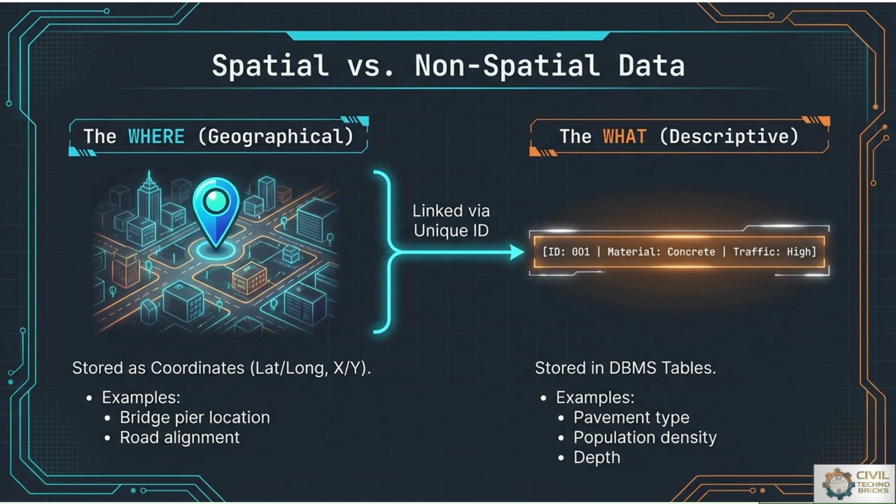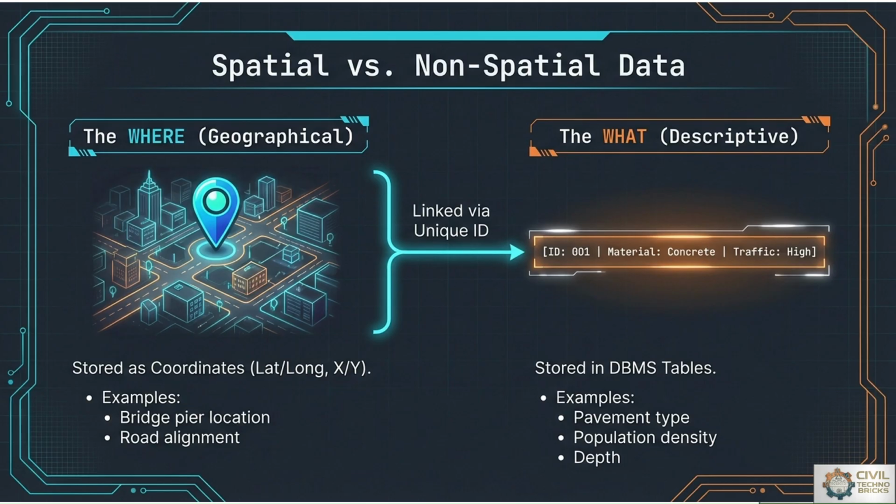Owing to the data, spatial versus non-spatial data. Spatial data is geographical, that is, we have to ask the question where, which shows the position. And descriptive data is the non-spatial data where we have to ask the question what it includes or what it consists of, so that it gives the description of that position.